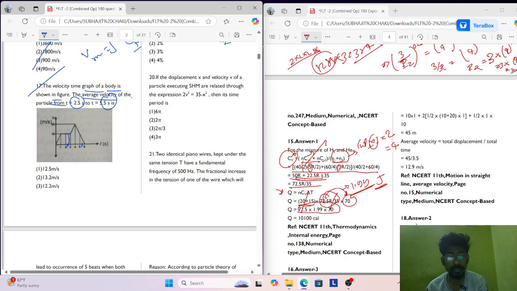So from here to here you have to calculate the value. This part is a rectangle, and this is a trapezium, both on this side, and this is a rectangle also.